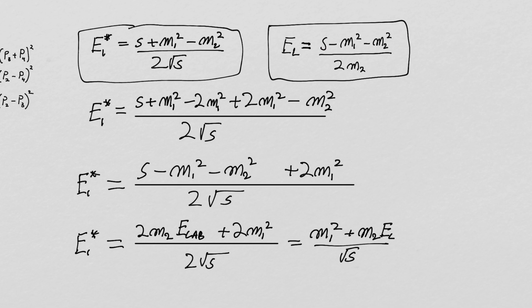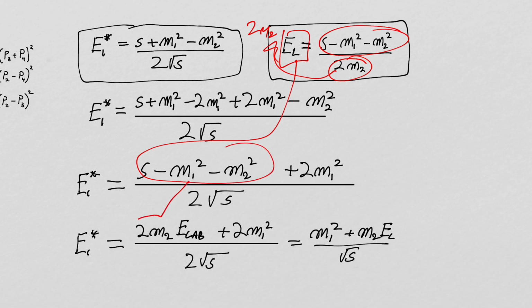So I'm getting there. So I'm going to make a substitution for EL. I'm going to take this 2M2, move it over here, so I have just that expression isolated, and I'm going to substitute 2M2 E lab right in for this part, right?